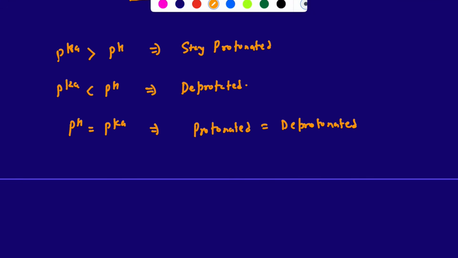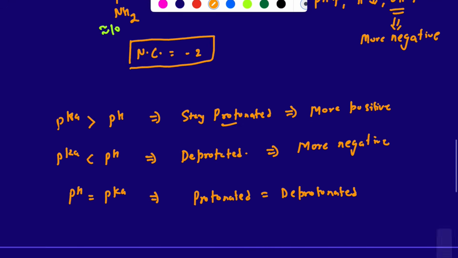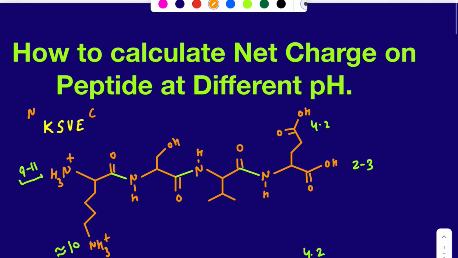So when something is at a lower pH or staying protonated, that means you are going to be relatively more positive. And if you are becoming deprotonated, you are going to be relatively more negative. Okay, so this is how you're going to be calculating the net charge on an amino acid or even in a peptide.